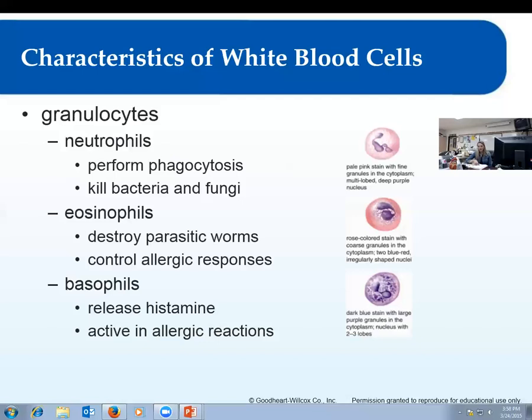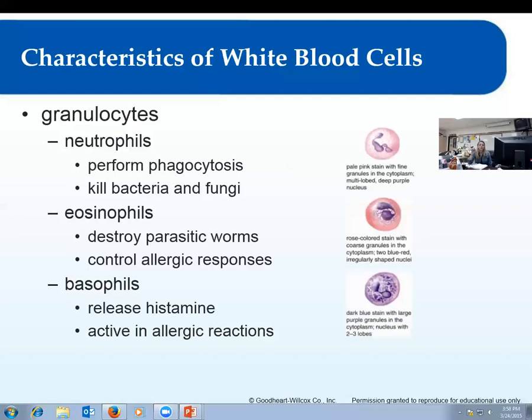Neutrophils perform phagocytosis. They kill bacteria, fungi, anything that's a foreign invader. They are our first responders. When we first get exposed to something, the neutrophils respond the quickest and first. If you have a decrease in neutrophil count, you are severely immunosuppressed.